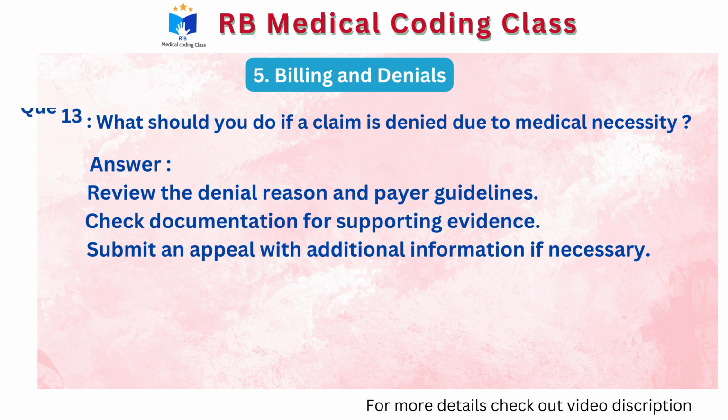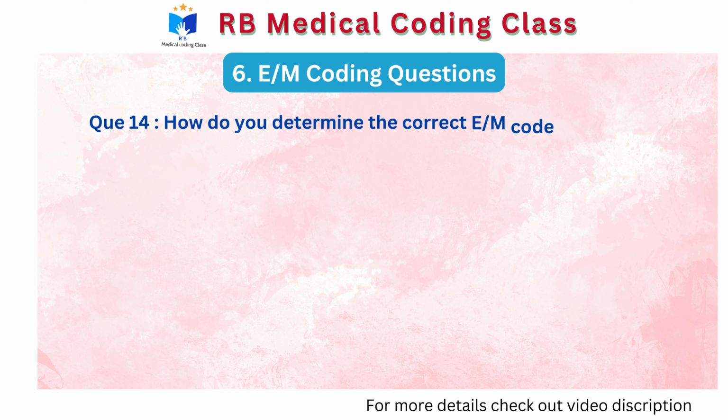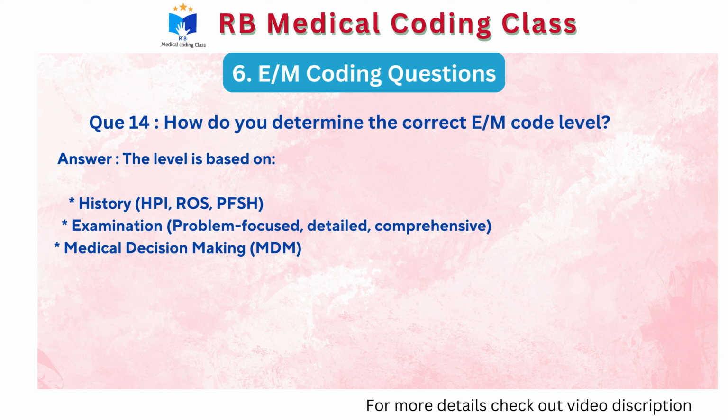6. E/M coding questions. Question 14. How do you determine the correct E/M code level? Answer. The level is based on history, HPI, ROS, PFSH, examination, problem-focused, detailed, comprehensive, medical decision-making, MDM, straightforward, low, moderate, high complexity.